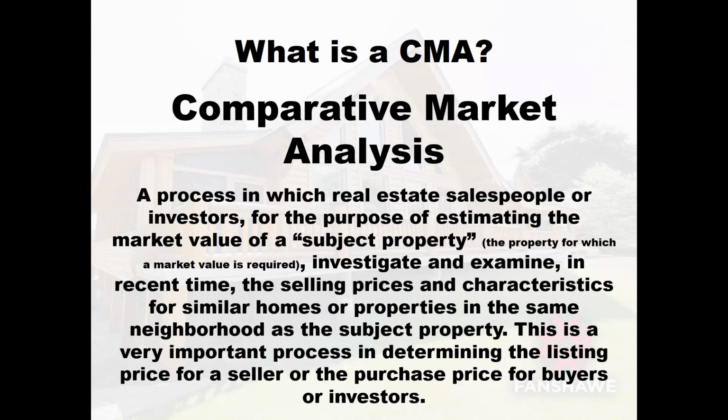So you're going to investigate and examine recent sales that have just occurred, the selling prices and characteristics for similar homes or properties in the same neighborhood as the subject property. This is a very important process in determining the listing price for your seller or the purchase price for buyers or investors. So that's what a CMA is, okay? And I will obviously ask you about that on the test.